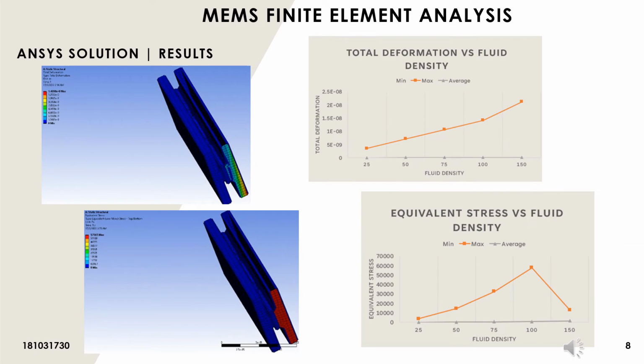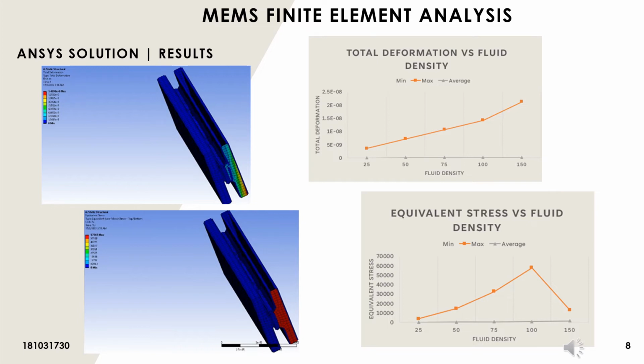This is the ANSYS solution, which is the result. The first picture is the total deformation, where we apply the hydrostatic pressure at the left, and the bottom picture is equivalent stress, and we also apply it at the same part as the total deformation.